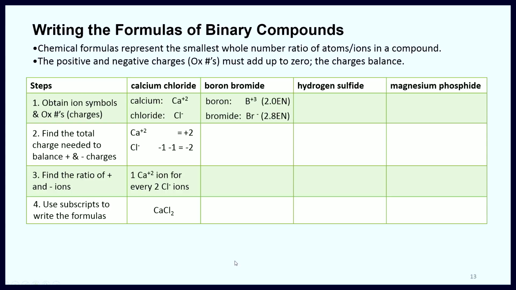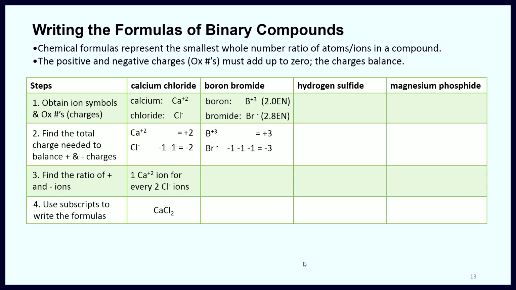Well, boron is always +3, and bromine as an anion is Br-1, bromide. Now I've listed the oxidation numbers here because neither of these are metals. We have a metalloid and a non-metal, so to list which one goes first, we need to have the electronegativity values.